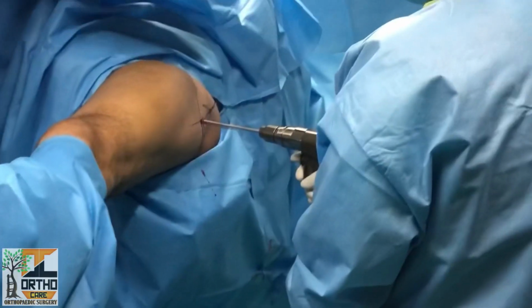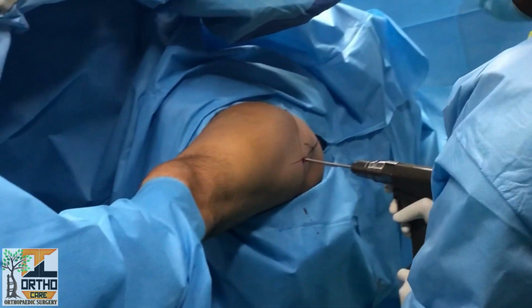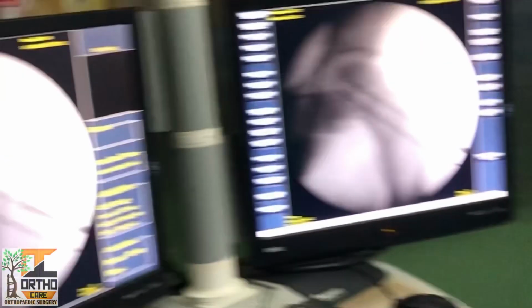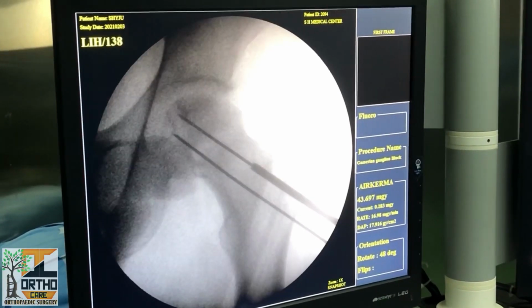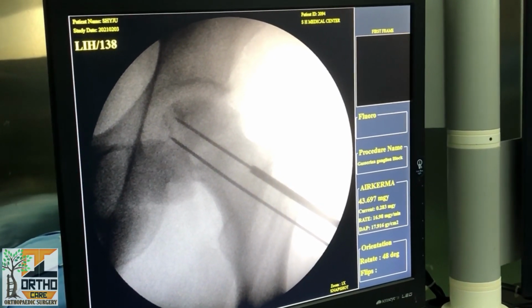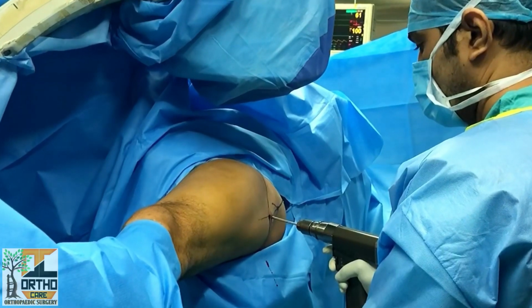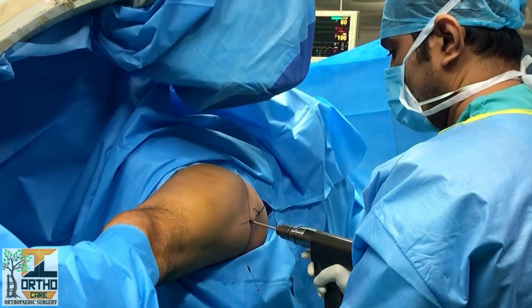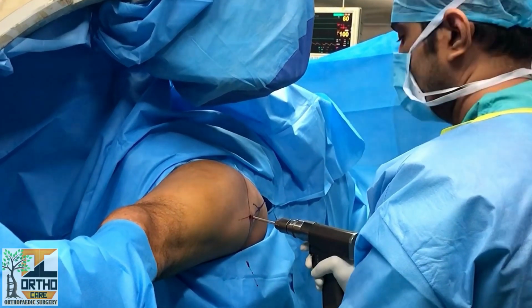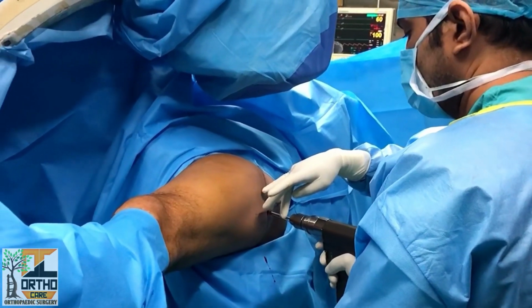So now with the cannulated drill bit, proceeding for drilling over the previous K wire. So reach till subchondral region. You may feel a resistance. If it is very sclerosed and very hard, be gentle, go slowly, and you may sometimes get fumes out of the drill bit.